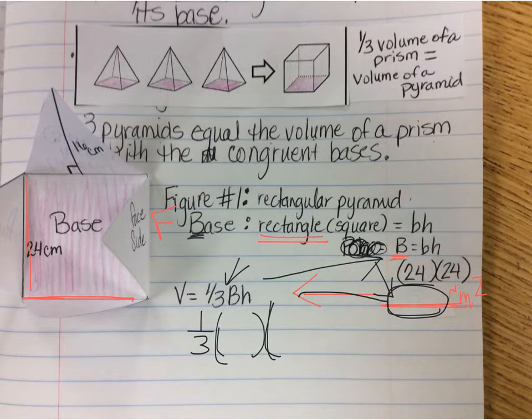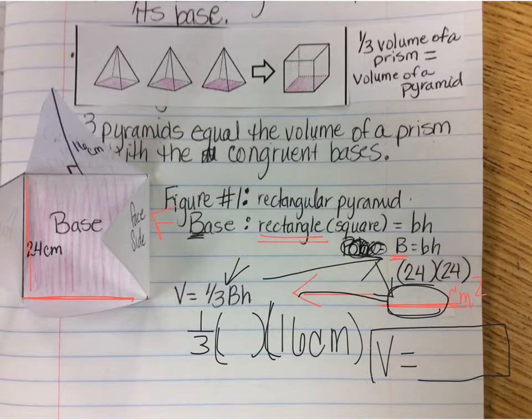In this case, the height of the pyramid is going to be 16 centimeters. So once you have that and you get your answer, you should have then found the volume. Raise your hand, and Miss Ricky or I or Miss M will come around and put a check on your paper to make sure that you have found the volume. And remember that your volume, the measurement is in centimeters cubed.